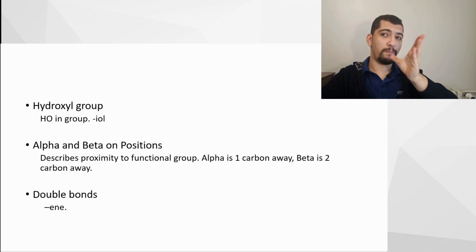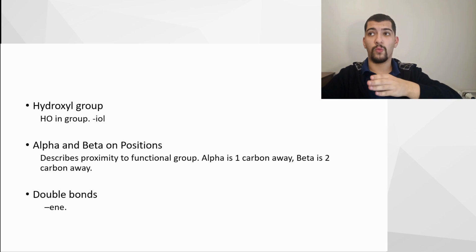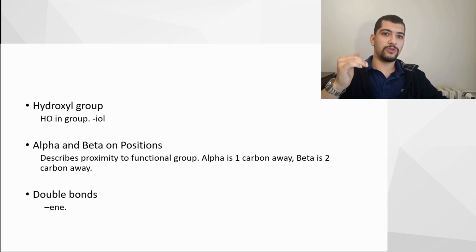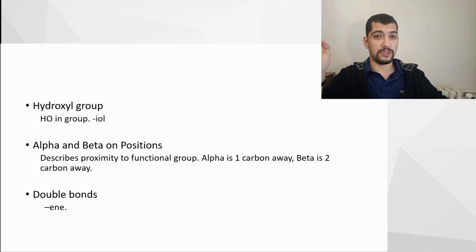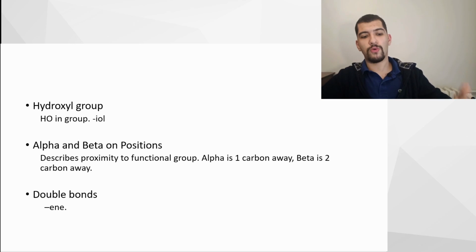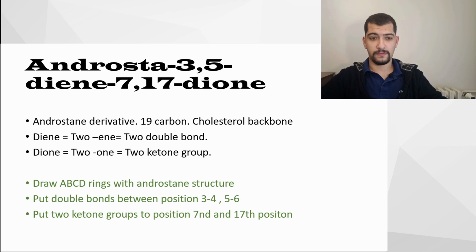But with the 5-beta reductase enzymes, which is also in the bone marrow, you get the reduced form of the 4th and 5th position. The 5-beta reduced form has the hydrogen atom closer to the surface. We also have double bonds, also called ene.